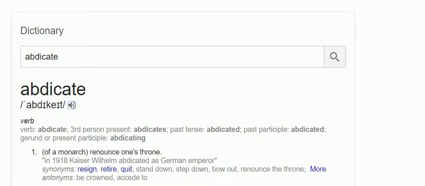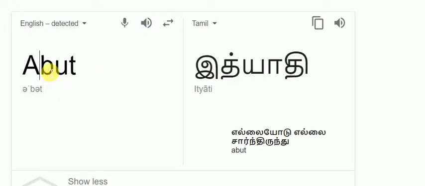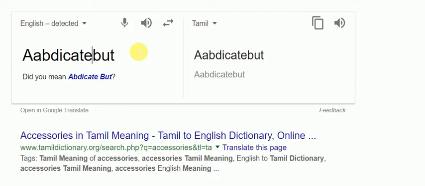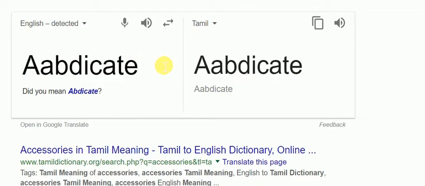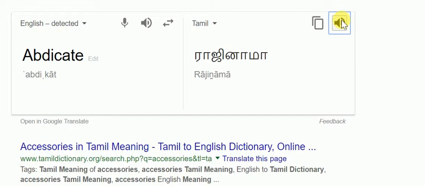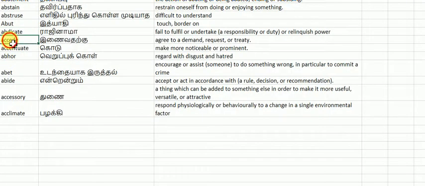In Tamil we can say ராஜினாமா. So abdicate is when someone resigns the position. If someone resigns the position, we can call it abdicate. So now we can see the next vocabulary word.